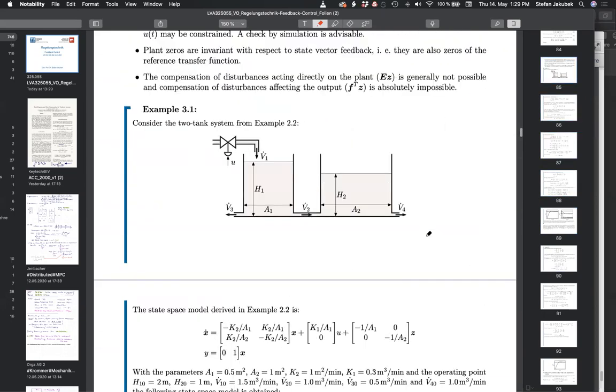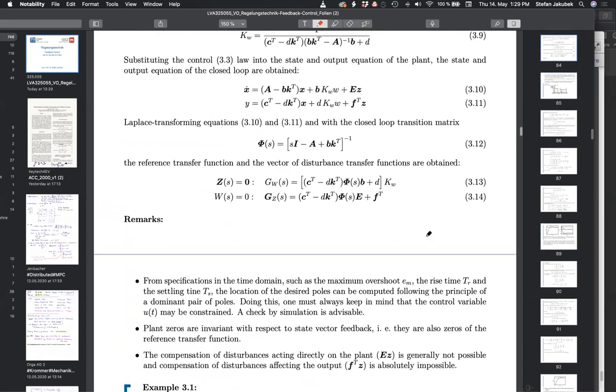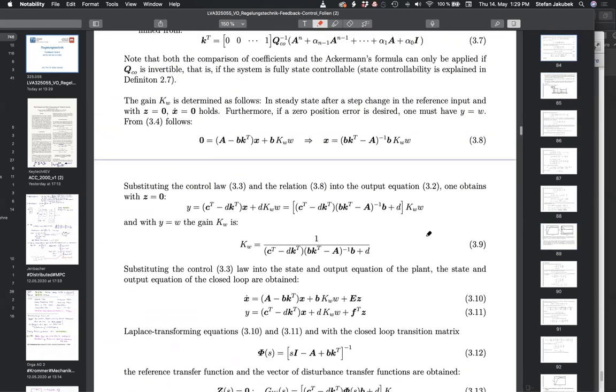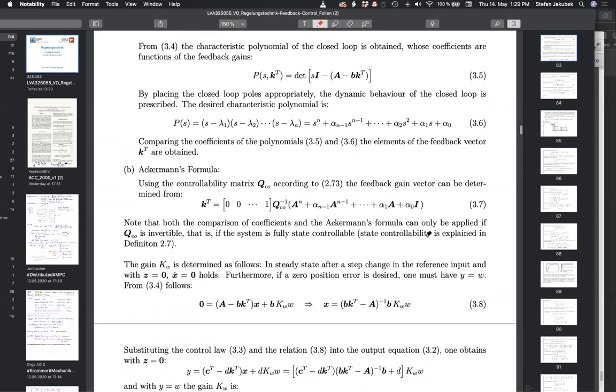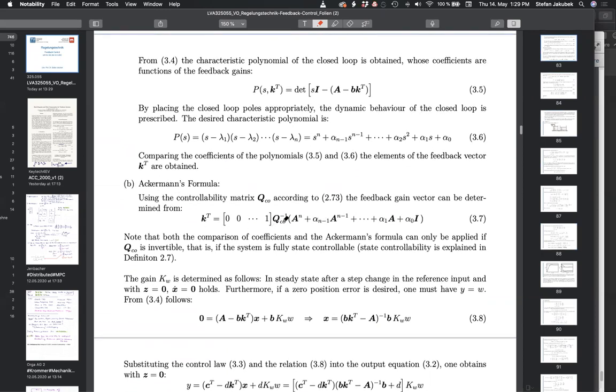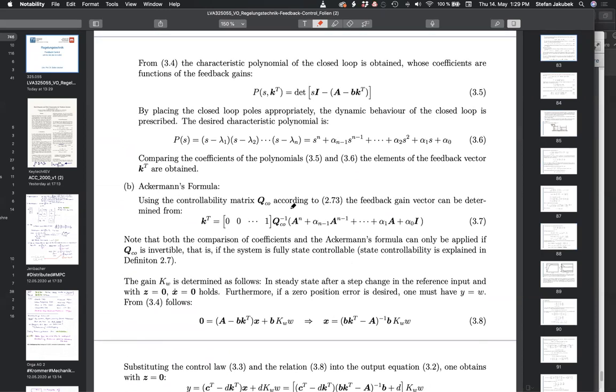In the Ackermann formula, you know that the controllability matrix plays a role. Here it is, okay? And obviously the Ackermann formula only works if the inverse of the controllability matrix exists. Of course, this is not a coincidence, because if the system is not fully state controllable, then you will not be able to assign any arbitrary closed loop polynomial.